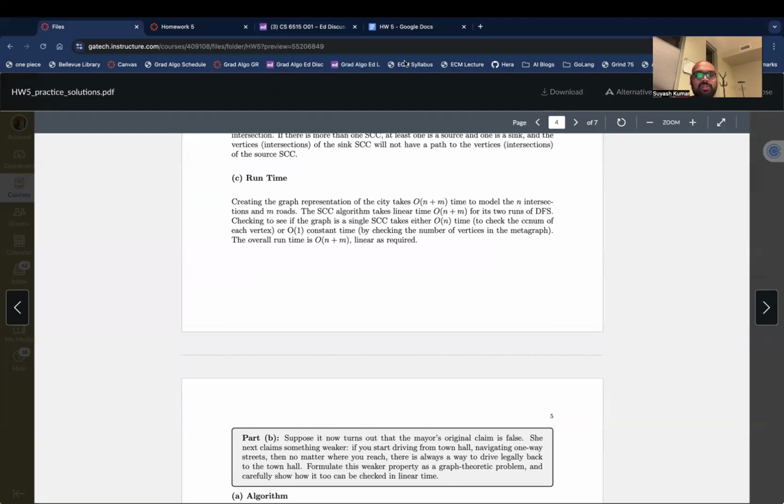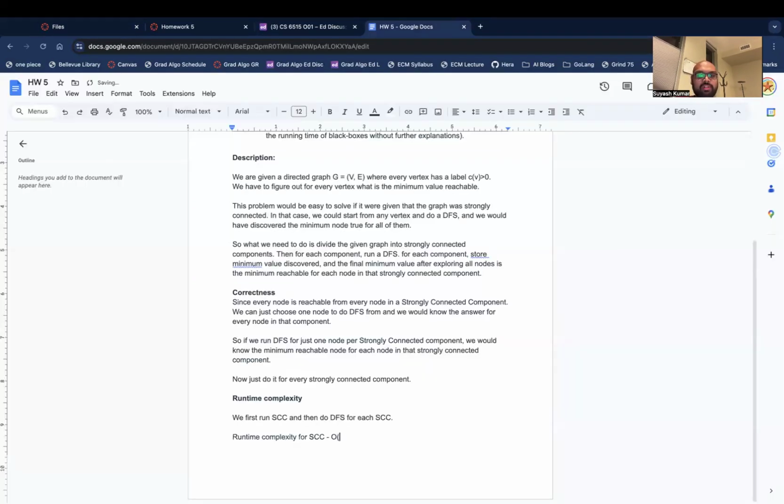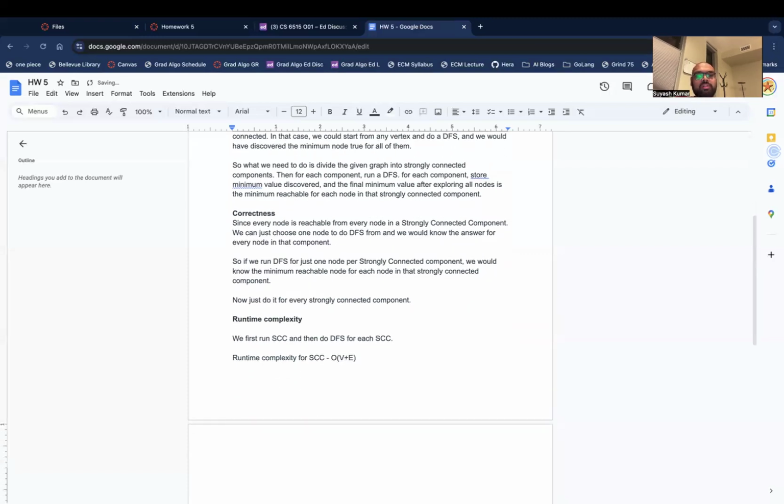N intersections and roads. Okay, O of V plus E. Now, if we do DFS for every SCC, we must also take into account that every SCC will be a subset of the original graph and each subset is mutually exclusive.